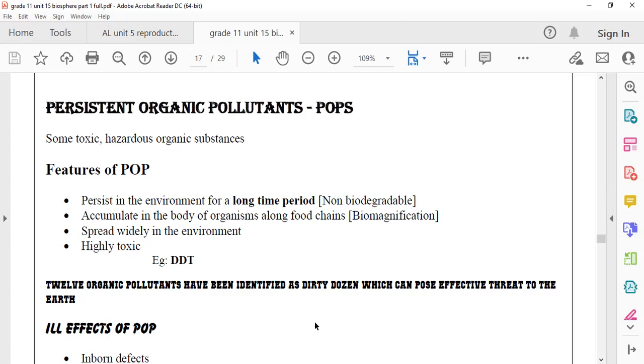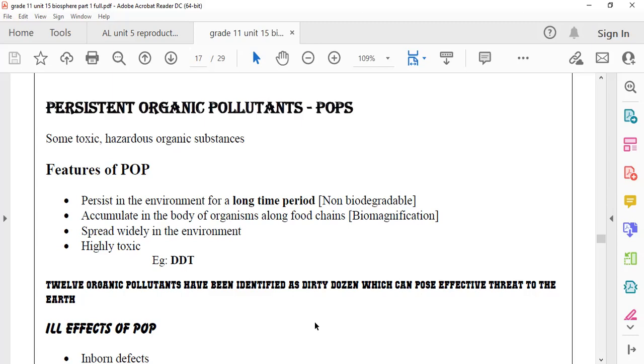I have explained this before: biomagnification. Compared to the producer level, the primary consumer level will get a higher concentration. Compared to the primary consumer level, the secondary consumer level will get a greater concentration. Like this, the concentration increases. That is applicable to POPs also.